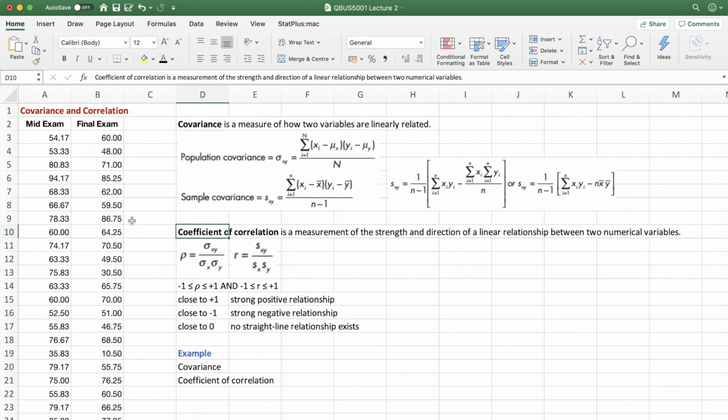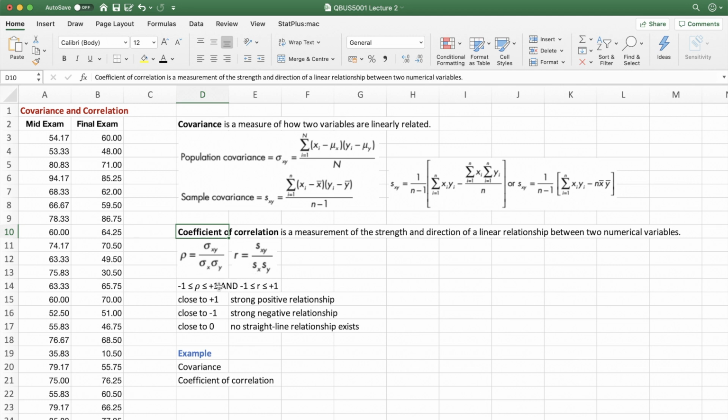Coefficient of correlation is a measurement of the strength and the direction of a linear relationship between two numerical variables. It is defined as the covariance divided by the standard deviation of the variables. Here's the formula for a population coefficient of correlation and a sample one.